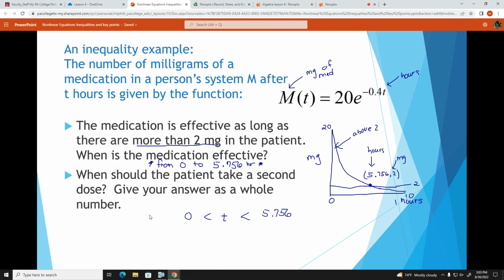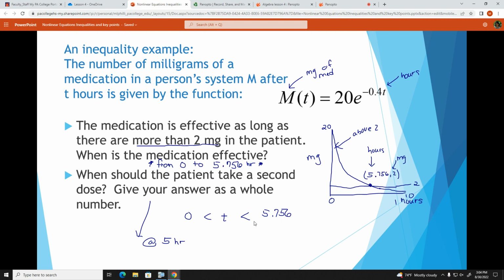And so I would say that the patient should take the next dose at the 5-hour mark. And then there would be a little time where they would have sort of 2 doses of medication in them. The one has not quite worn off, but the other one is getting started.